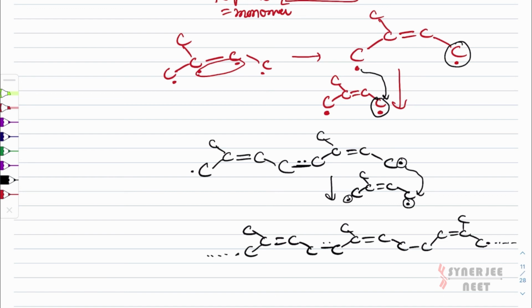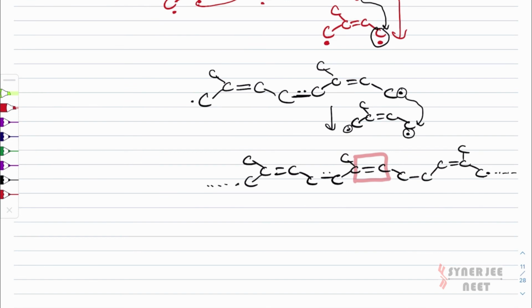As you see here, at every double bond position, if you notice it, there is a hydrogen and methyl. The hydrogen and methyl are on the same side, as you see. And whereas the other group, this is other group and this is the other group.